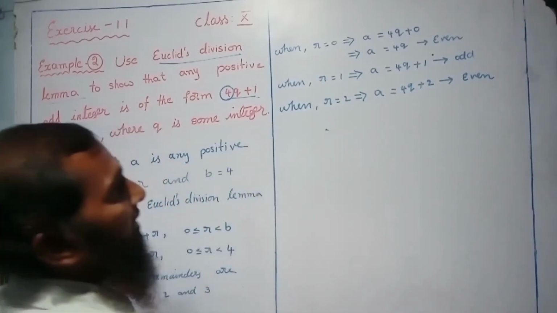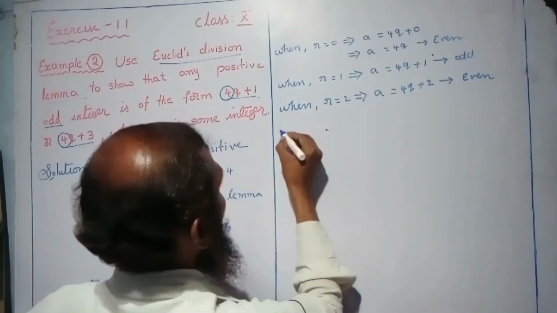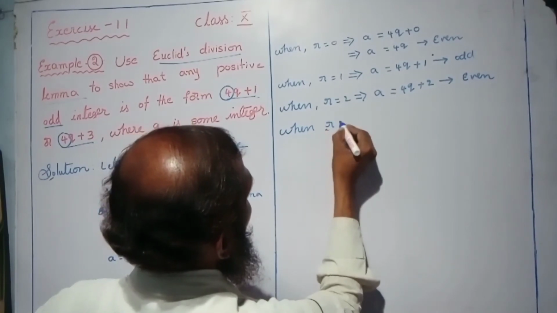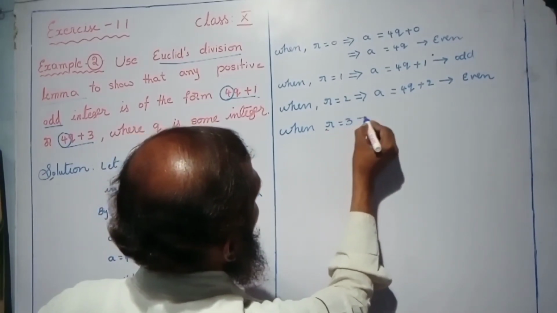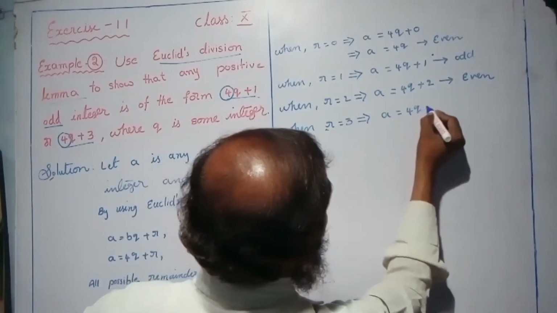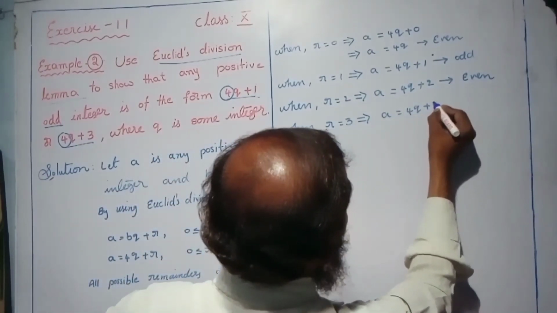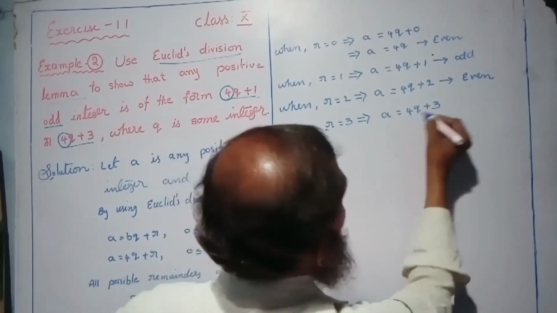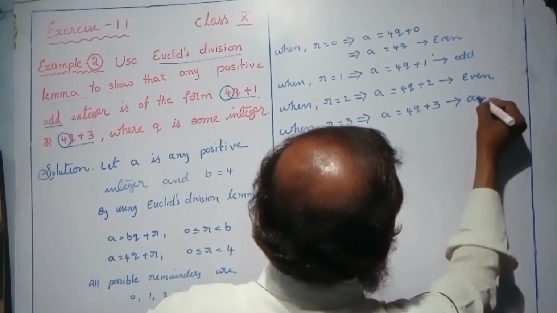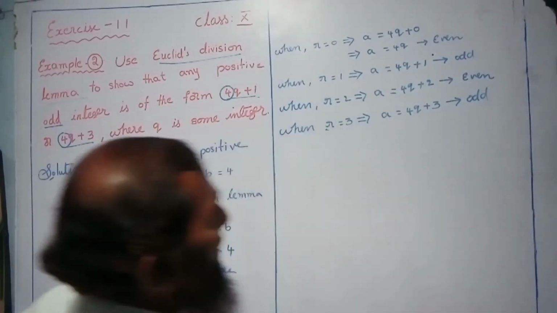Clearly it is even. And then when r is equal to 3, so a is equal to 4q plus 3. So what do you call this 4q plus 3? We should call it odd. I already explained 4q plus 3 is odd.